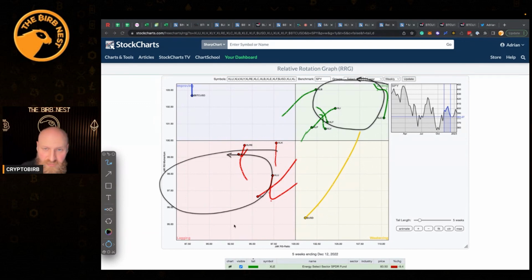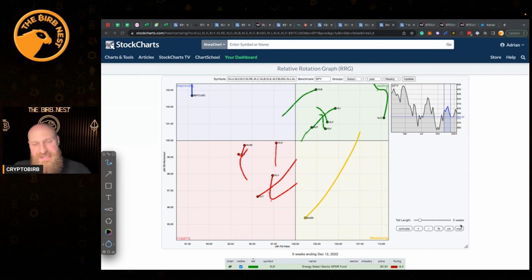So again, you can tell that XLE, in this relative strength study of the RS momentum and the RS ratio versus the S&P 500, is showing the best strength and leadership.